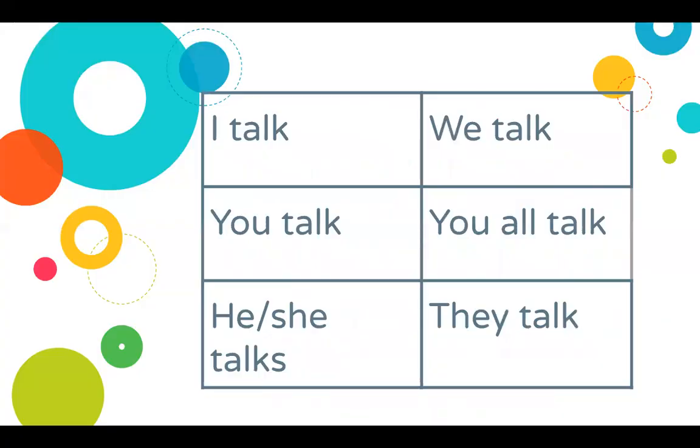Your chart should look something like this. I talk, you talk, he or she talks, we talk, you all talk, they talk. As you can see, he/she is the only subject that changes form in English.